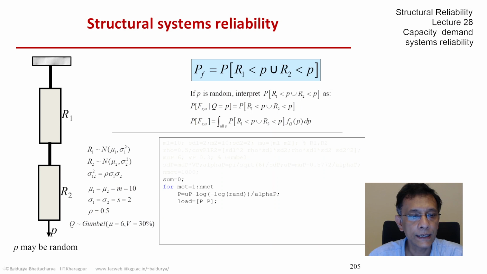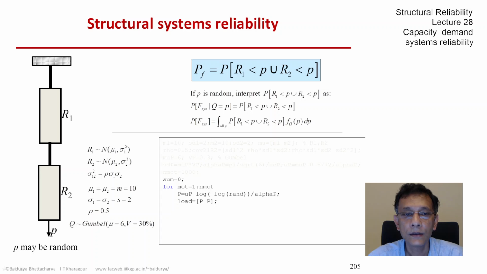Next we enter the Monte Carlo loop and initialize the sum, because after all we are computing an expectation, as you see in the integral above. PF is the integral of the union probability integrated with respect to f_Q(p) dp. So it's that expectation we are computing.